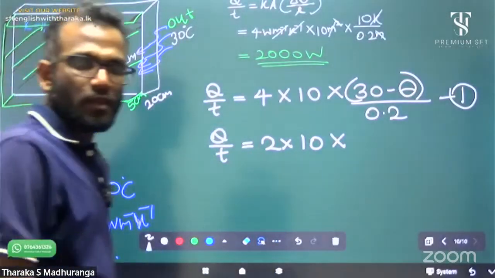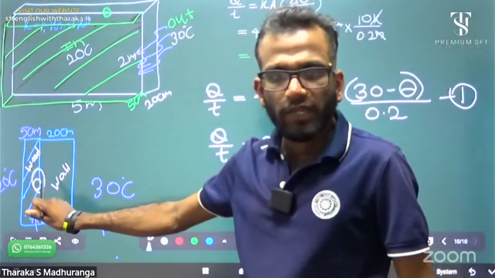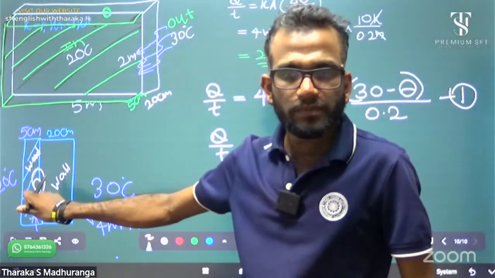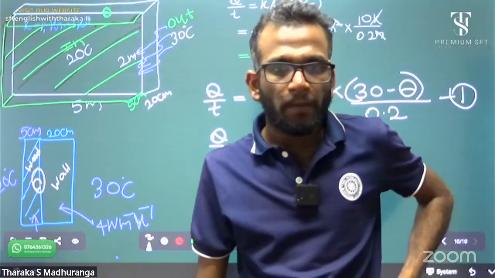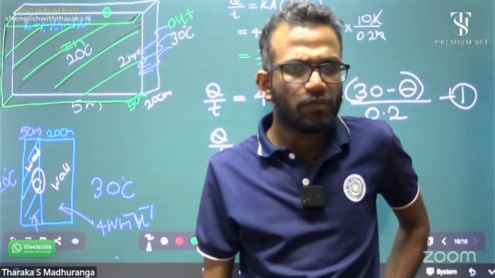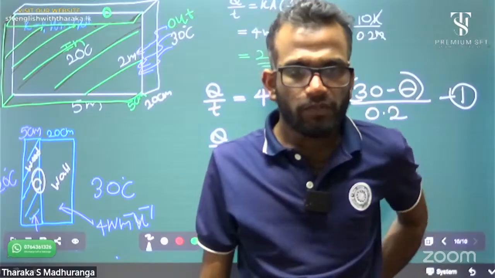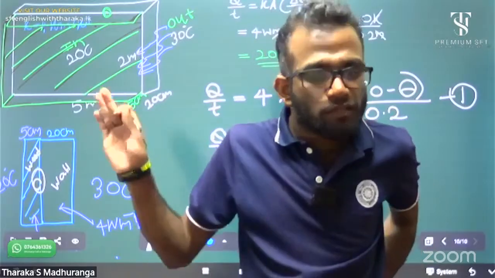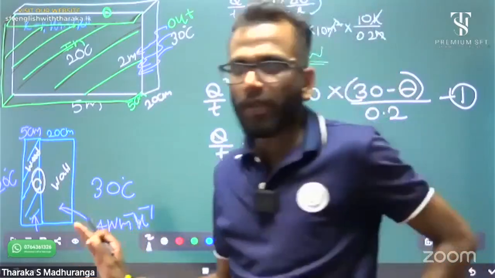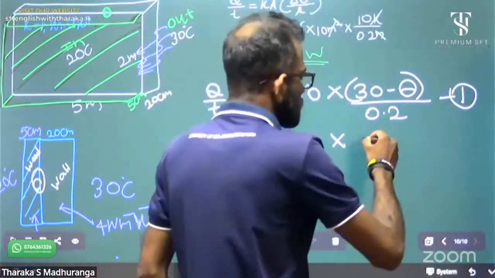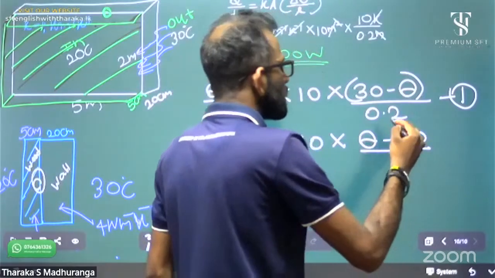Now tell me which is the higher value, 20 minus theta or theta minus 20? Theta is always greater than 20, therefore theta minus 20. You have to be careful. Theta minus 20 divided by the thickness.